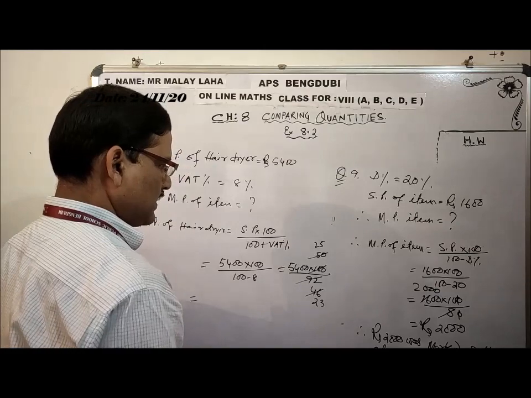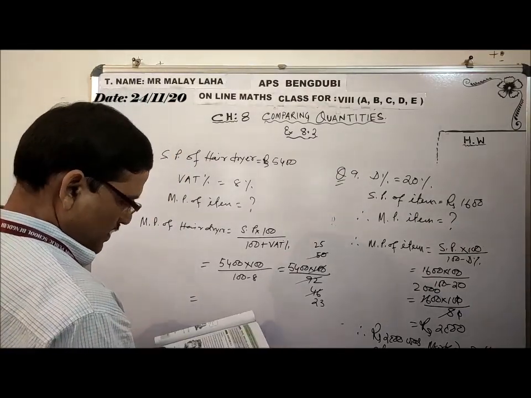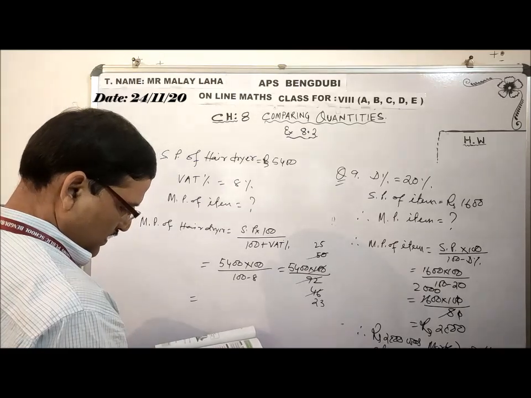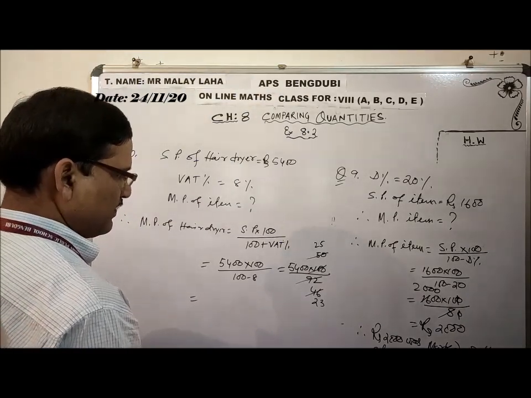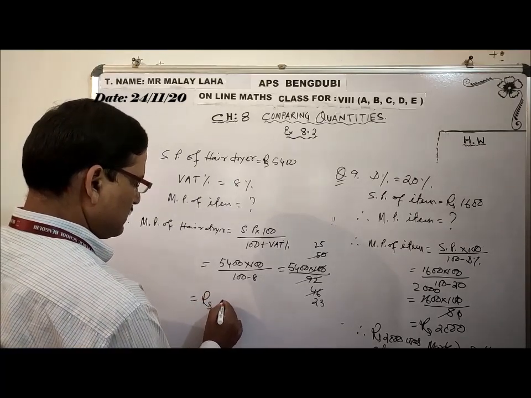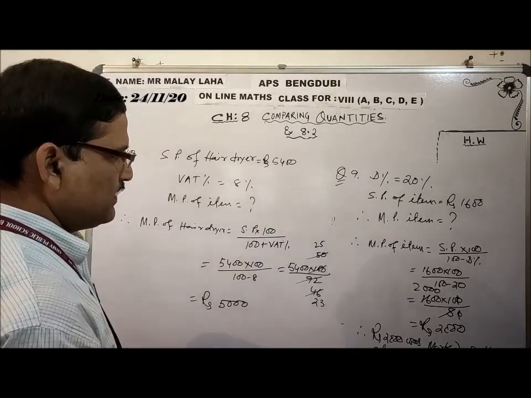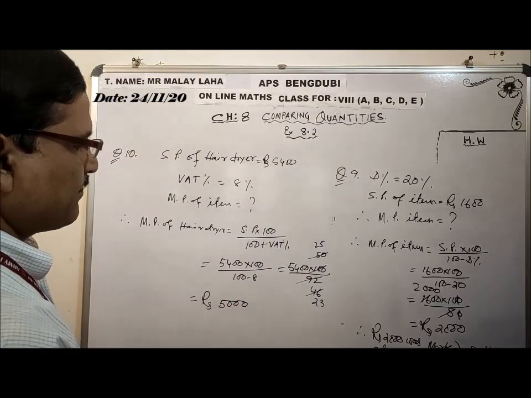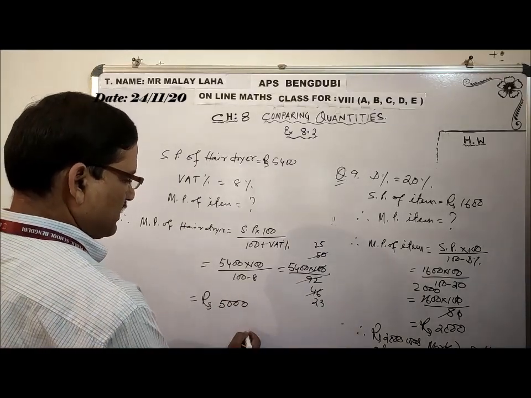Okay, and now finally if you cut it, it will be 5,400 with 8% VAT, price before VAT. So finally it will be rupees 5,000. If you cancel it, you will be getting this way. Okay. After that, whatever the answer is coming, it will be 5,000 answer.